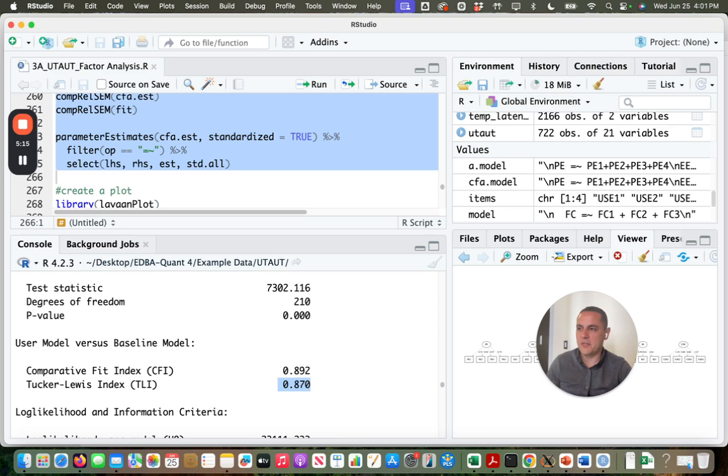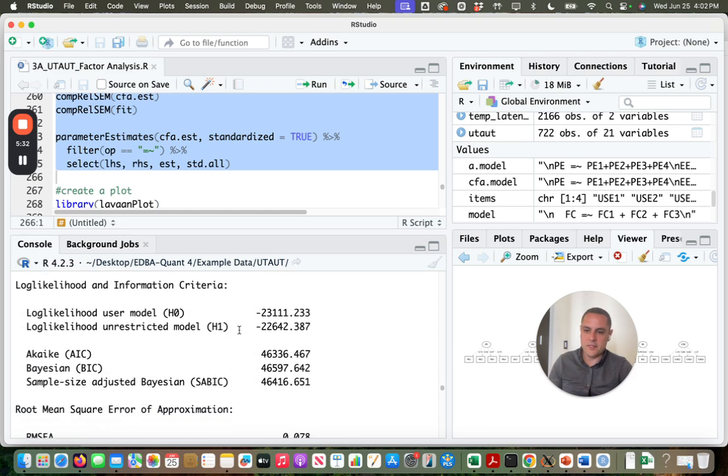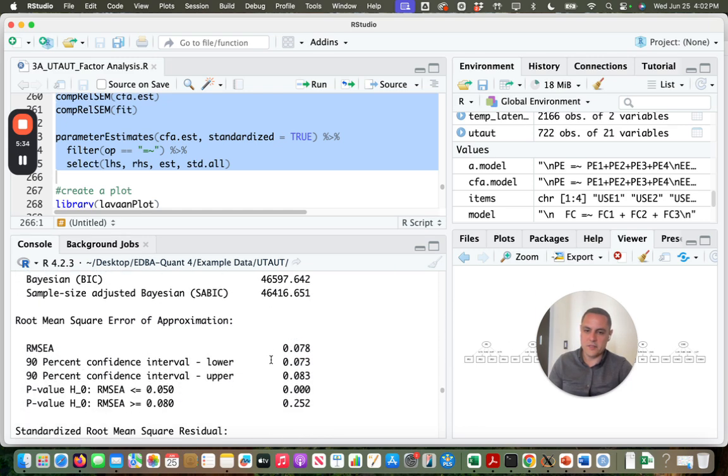The CFI is basically comparing the fit to a null model. TLI does the same thing, but penalizes for model complexity, so it's kind of an adjusted measure. You also have the RMSEA down here. It's at 0.078.